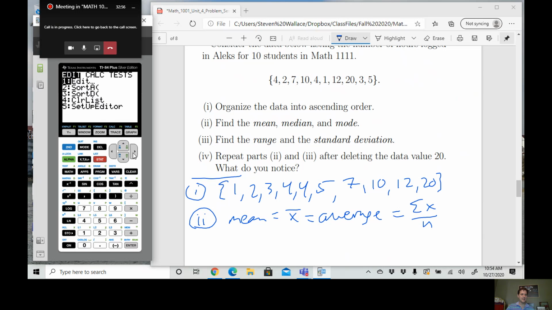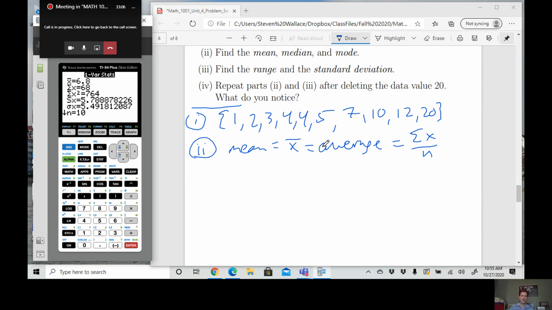Then I go to Stat, Calculate, 1-Var Stats. 1-Var Stats is statistics for one variable data. So we could use a TI-84 or 83. They both do the same thing.